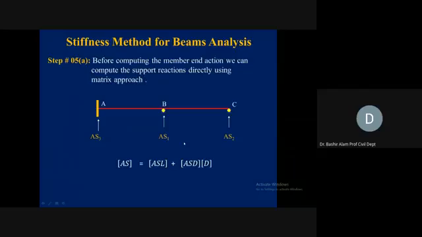Again, it is your choice whether you want to take downward or upward as positive. So from here you are setting a reference, and we say the upward direction we take positive. And this will become our equation: AS is equal to ASL plus ASD times D. So quickly you draw this reference also, so that we can refer to these specific values.